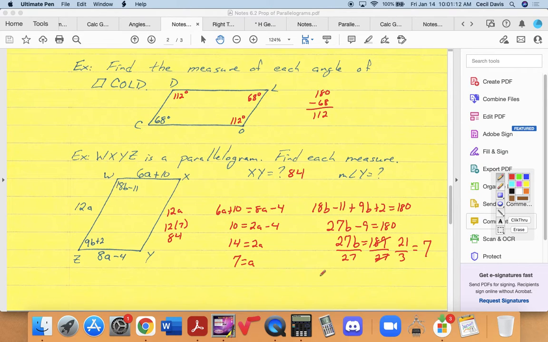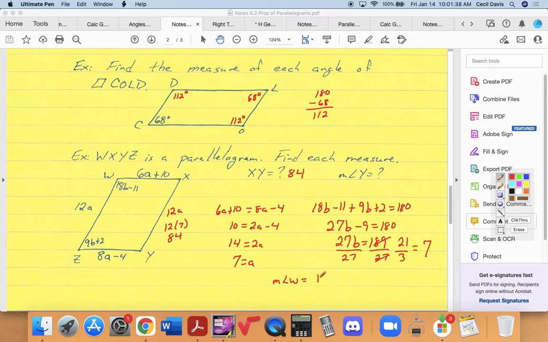All right, so then the measure of angle y, well, oh, wait a minute. The measure of angle y, how am I going to find it? There are two different ways. One of them's faster than the other. Jonathan? By the measure of angle W. Yep. And that'll be the same as the measure of angle y, right?